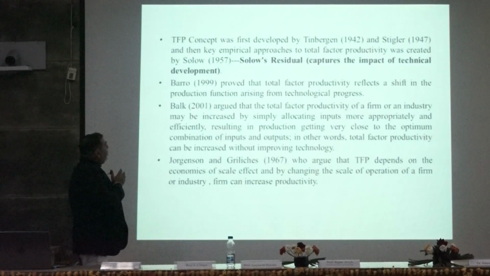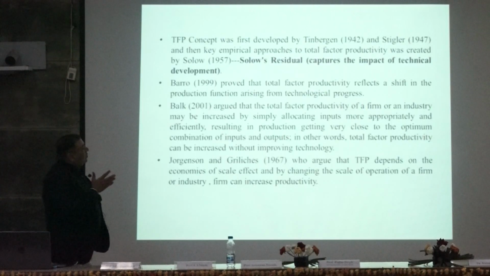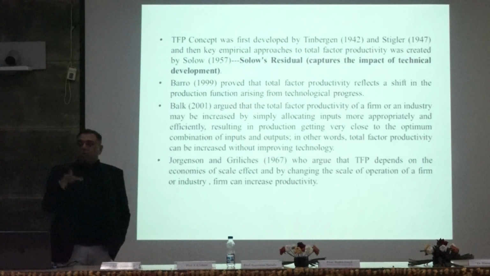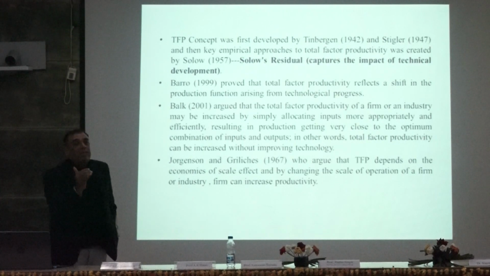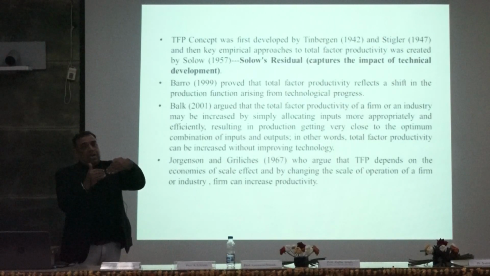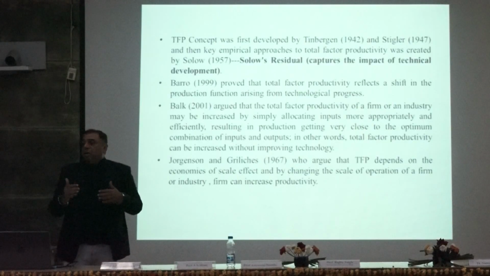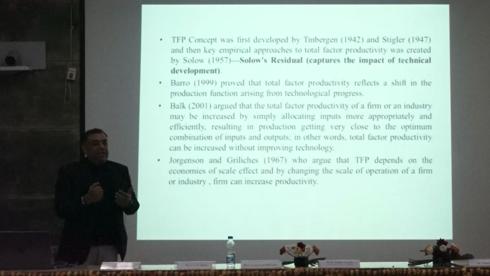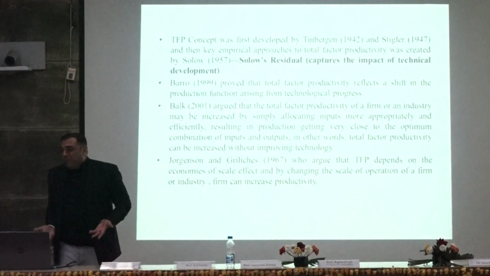Further, Professor Robert Barro in 1999 proved that total factor productivity reflects a shift in the production function due to technological progress. That means he focused on technology as more important to shift the productivity from level A to level B. Like in India, suppose you are using handlooms in the textile industry, but nowadays we have power looms.